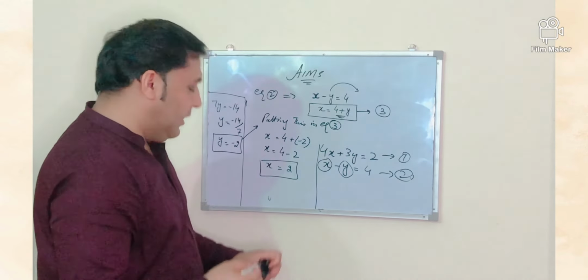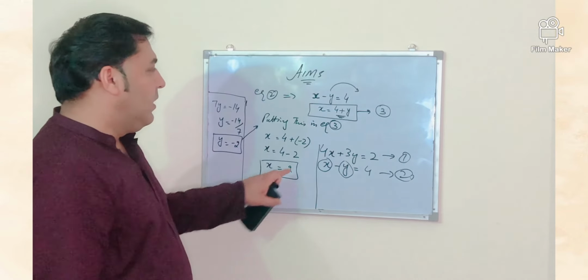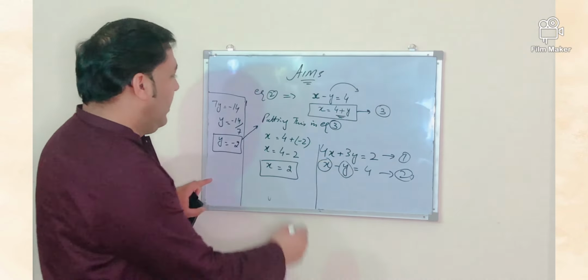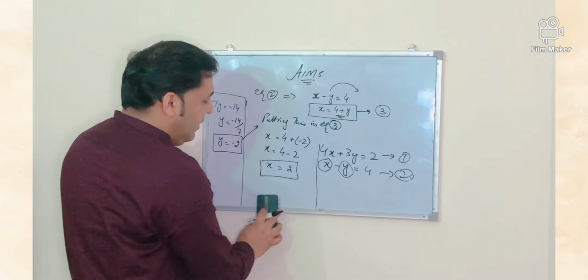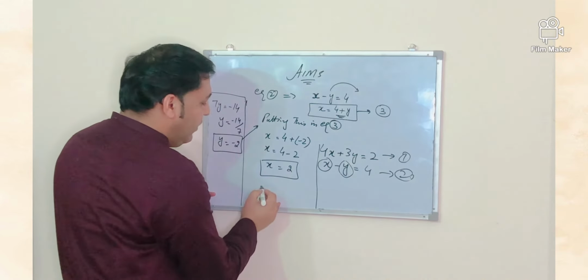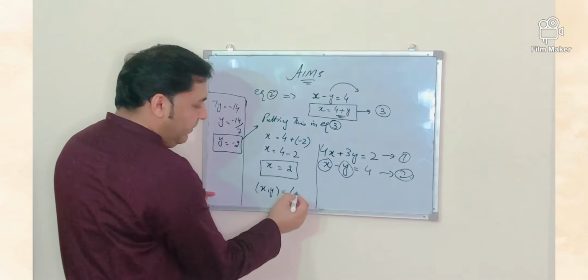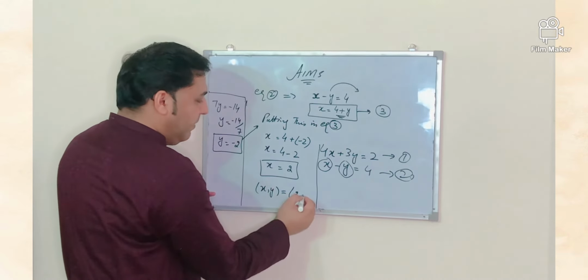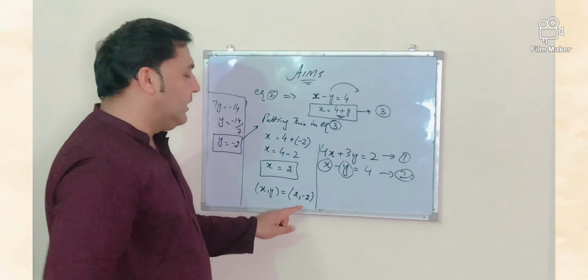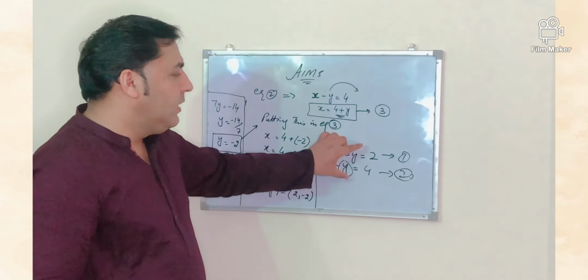So this is the solution of these two equations. How will we write this solution set? x is 2, y is minus 2. We say this is the solution set of these two equations.